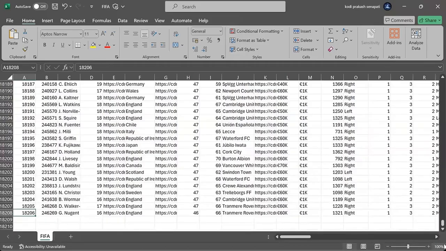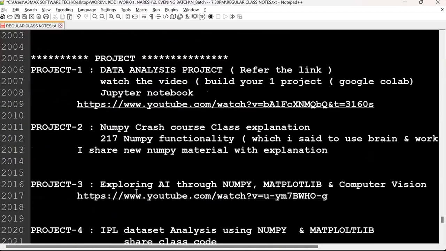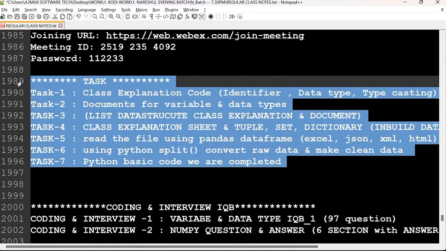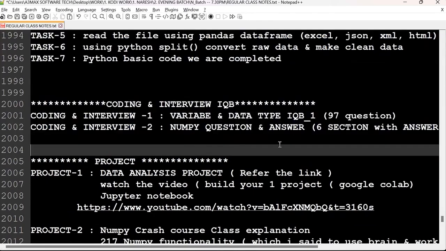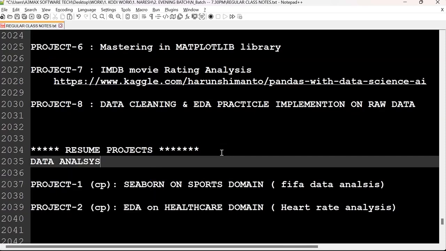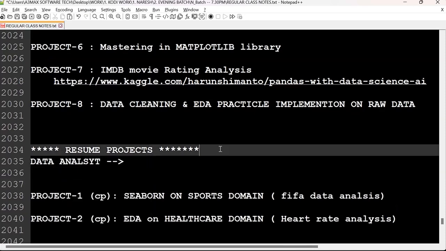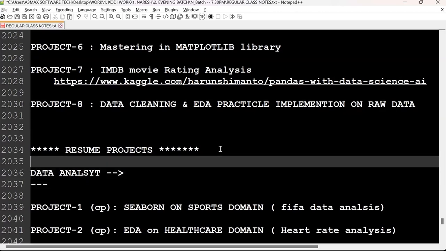So here, and trust me, so far, I have given you 7 tasks, guys. I'm sure most of them completed. 2 coding. I hope you guys are working. I'm not giving so much task where you cannot complete it. You cannot complete the task because you do not attend the class. Data analyst, or in college, if anyone has.